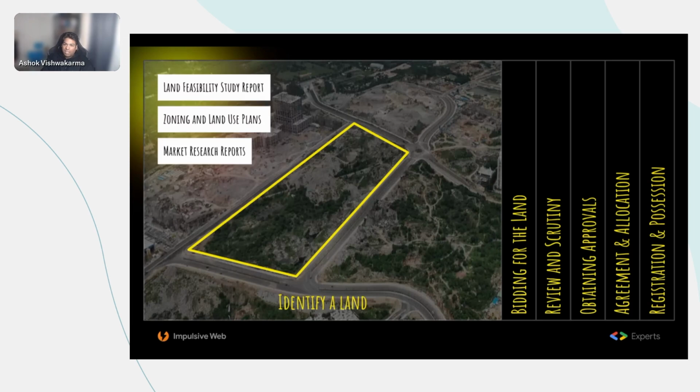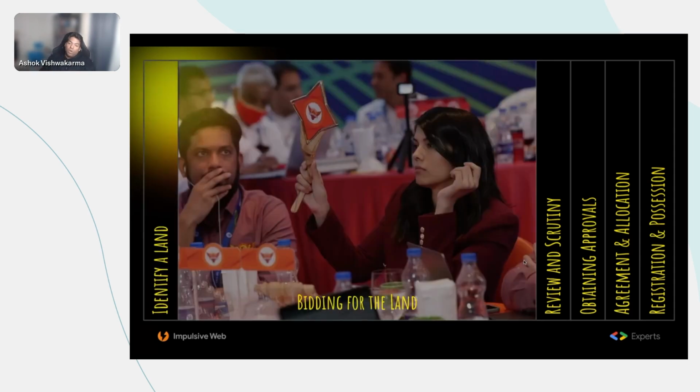After identifying the land, he has to create these important documents: the land feasibility report, the zoning and land use plans, and so many other compliance and necessary documents. Once these documents are done and submitted, the next phase is internal bidding.